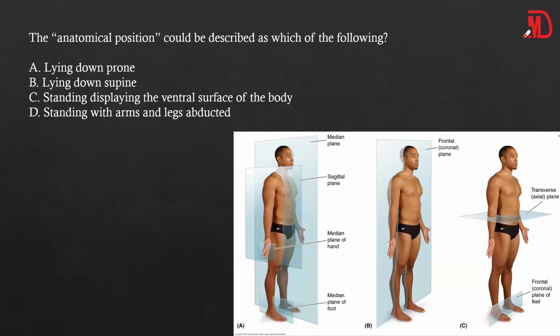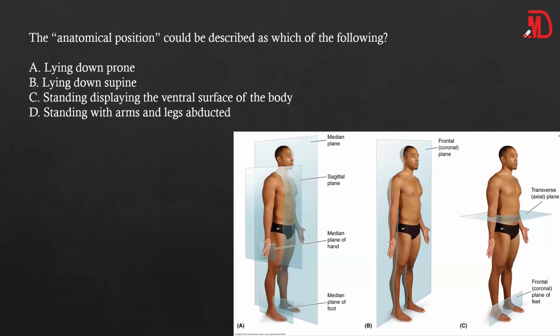It is described as, one, standing upright. So, to be in the position, it means you are standing upright, facing forward, that is, you are showing your ventral or your anterior surface. The arms should be at the sides. The palms should also be facing forward.